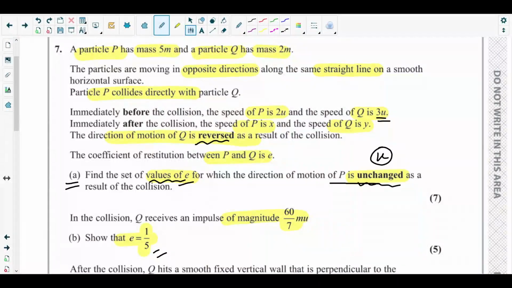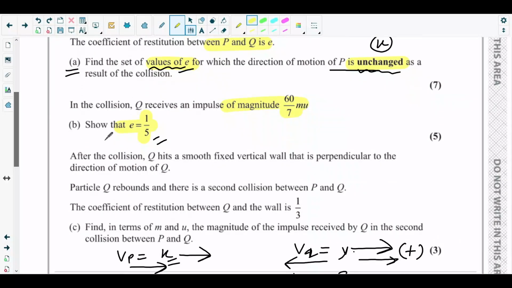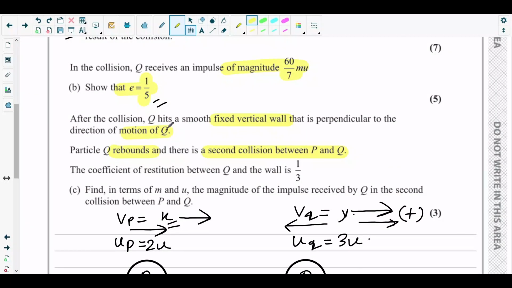Fine. Okay, next is part C. In part C, the question says, after the collision, Q hits a smooth fixed vertical wall that is perpendicular to the direction of motion of the particle Q. Okay, particle Q rebounds, and there is a second collision between particle P and particle Q. So after being rebounded from the vertical wall, it will have a collision with particle P again.